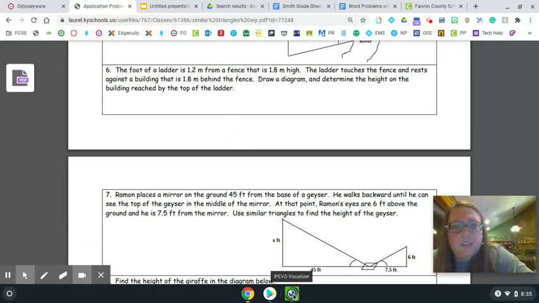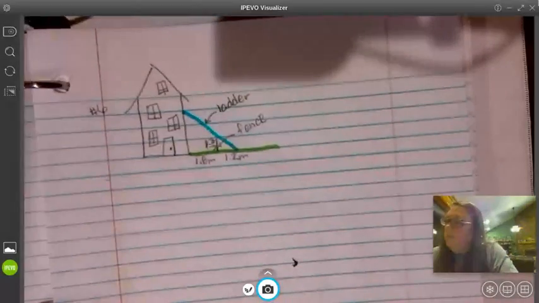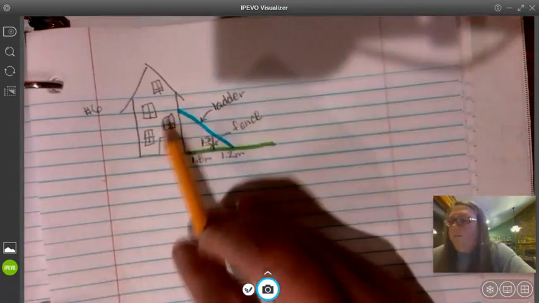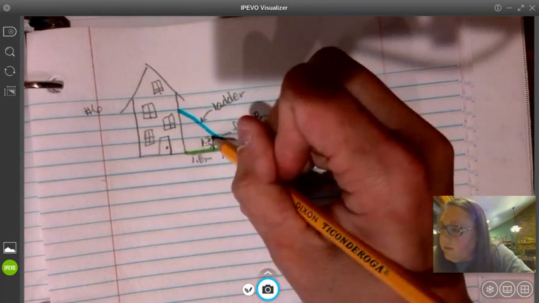All right, so we're going to go back to our notebook paper. We're going to come right back up here. Okay. All right, so we have a building and we have a ladder, and this little part here represents our fence.